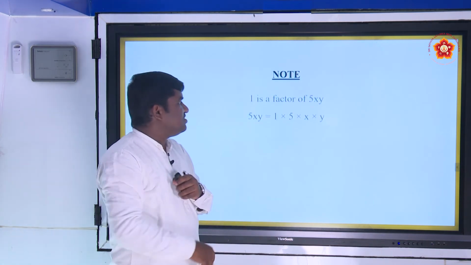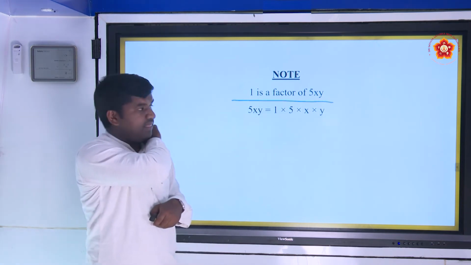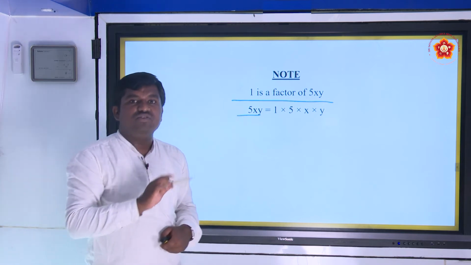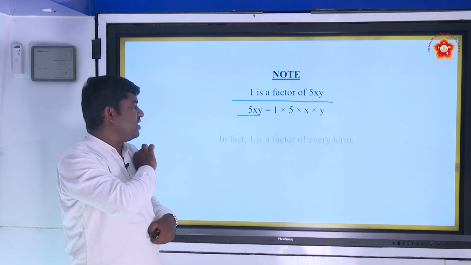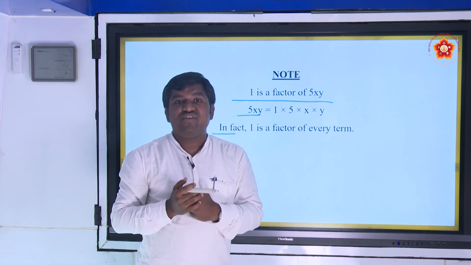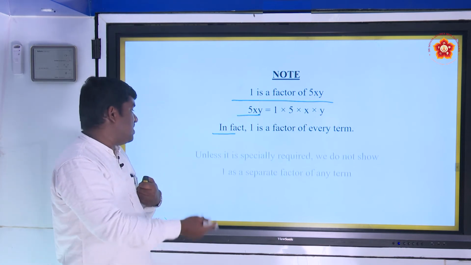Next, note that 1 is a factor of 5xy because 5xy can be written as 1 into 5 into x into y. But in fact 1 is a factor of every term.